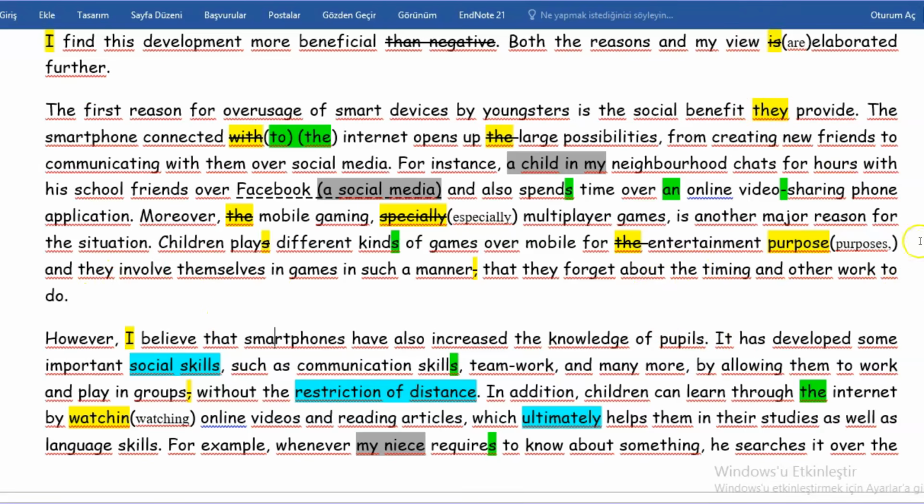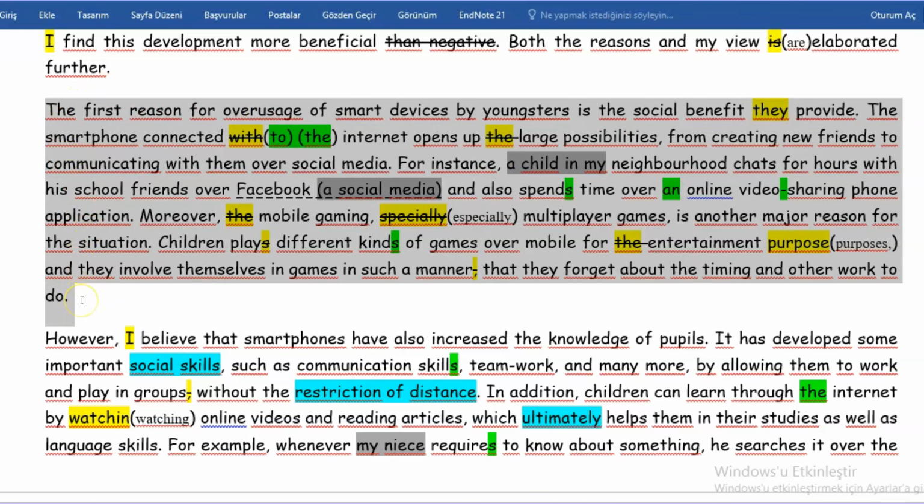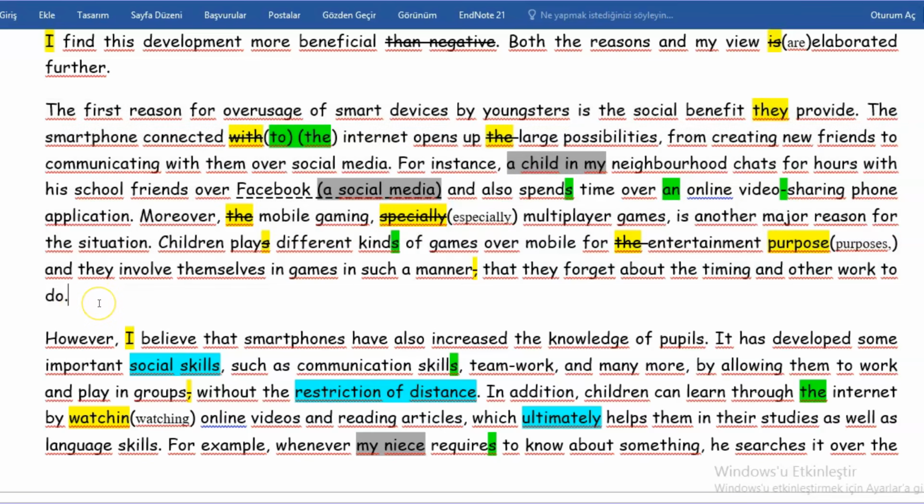The candidate should provide logical reasons for this, not something usual and unrelated. The candidate tried to provide some reasons for the overusage of smartphones.